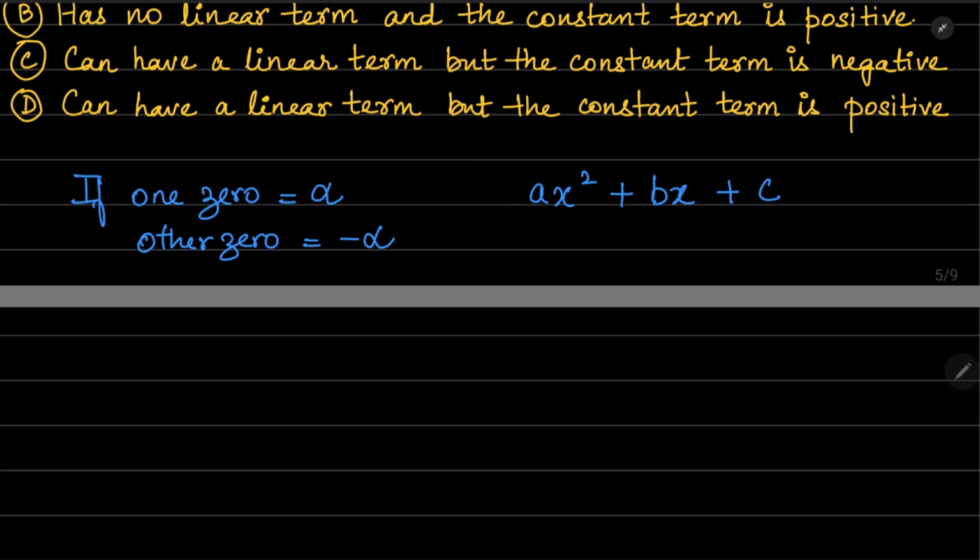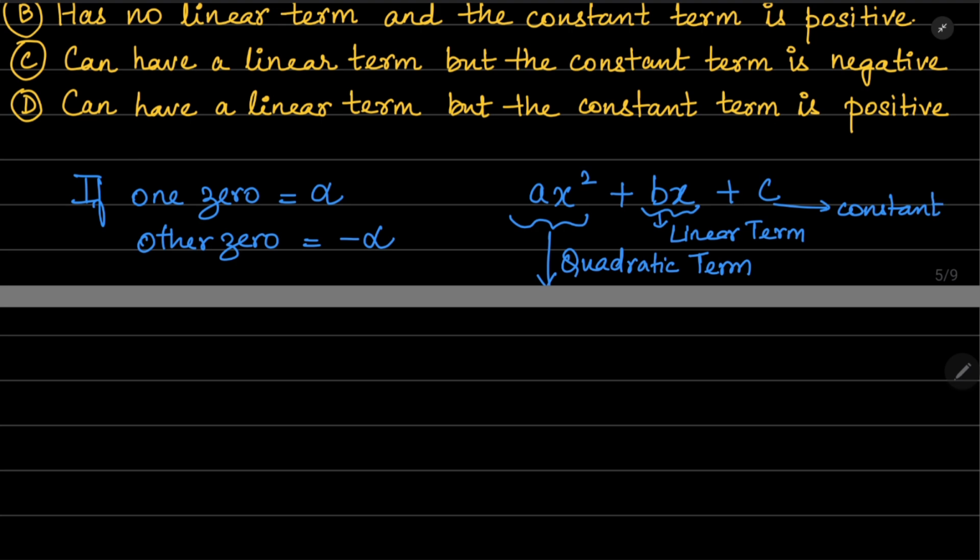Always remember, the first term, the x square term, is called the quadratic term. The bx, because it is the coefficient of x and the degree of x is 1, is called a linear term. And c is called a constant term.